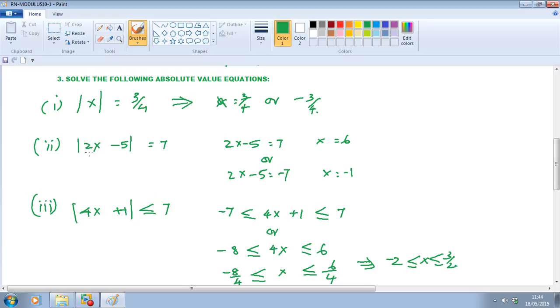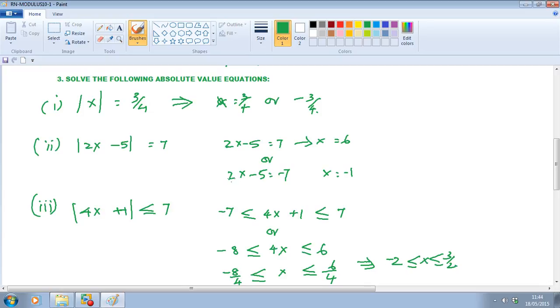What about the second problem? Modulus of 2x minus 5 is equal to 7. Either 2x minus 5 is equal to 7, so this is one solution. Adding 5 to both sides, 2x becomes 12, so x is equal to 6.